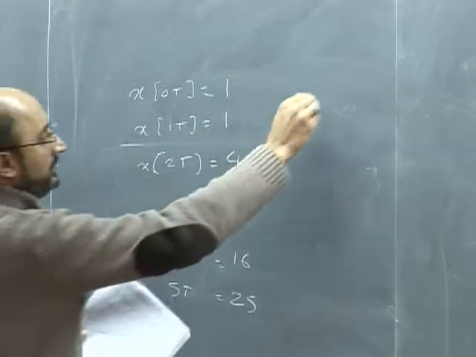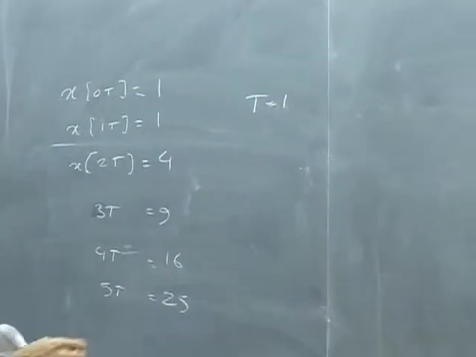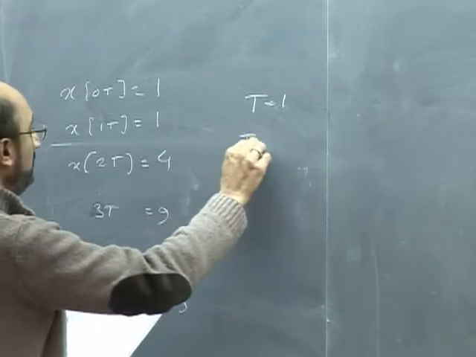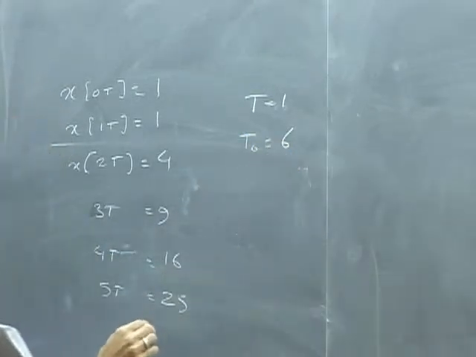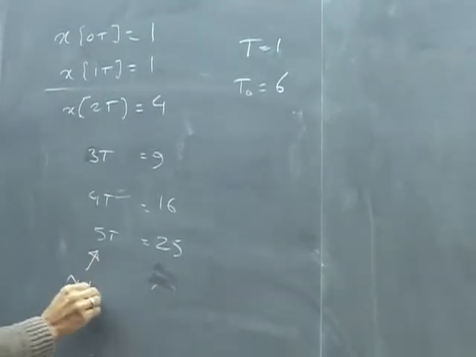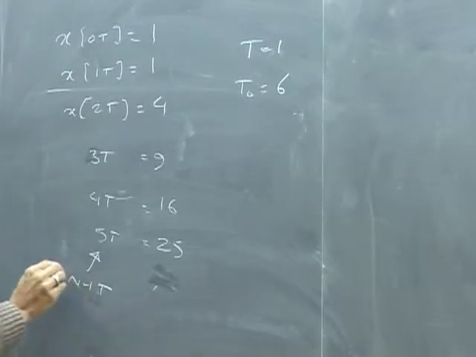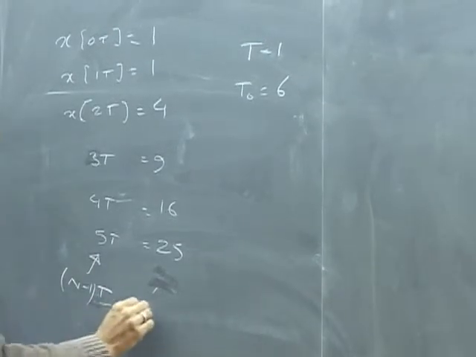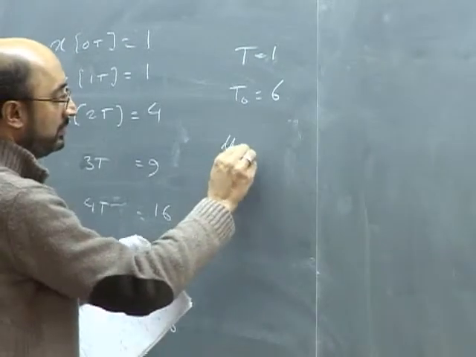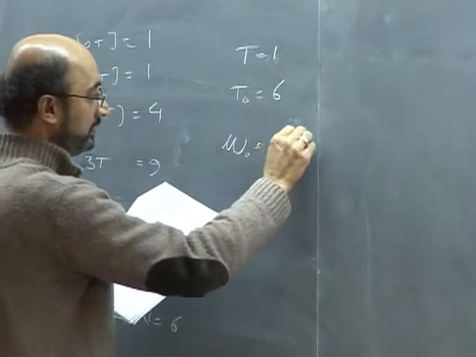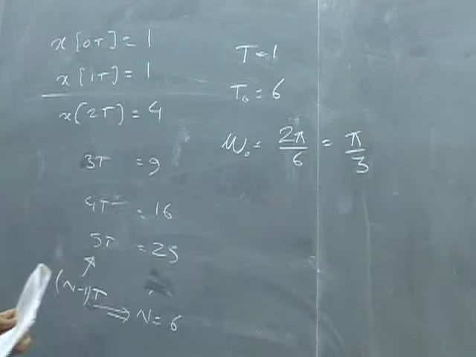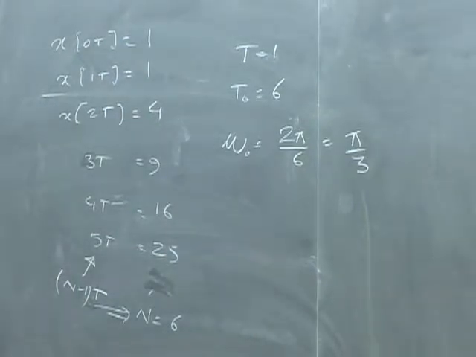So we have T equals 1, right, because I just said the values are 0 to 5, and then NT equals 6, because this is N minus 1 T by definition. So this implies N equals 6. And so omega naught is given by 2 pi over 6, which is pi over 3. So that's your base frequency, pi over 3 radians per second.